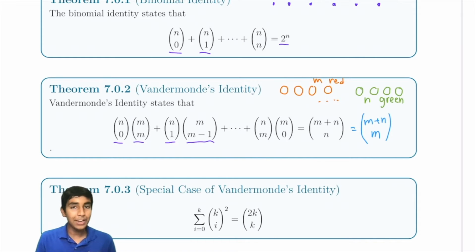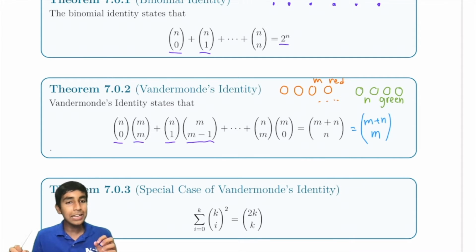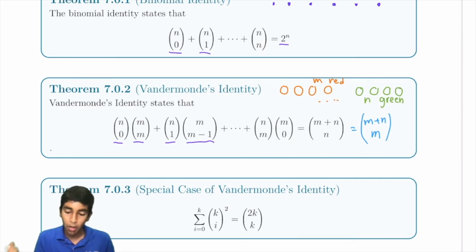Then there are n choose n minus 1 red object choices and m choose 1 green object choices. And we can do this for all the values. Basically, we're just taking all the cases of the number of green and red objects, and when we add all those expressions up, it's just the number of ways of choosing n balls from m plus n total balls, which is m plus n choose n.